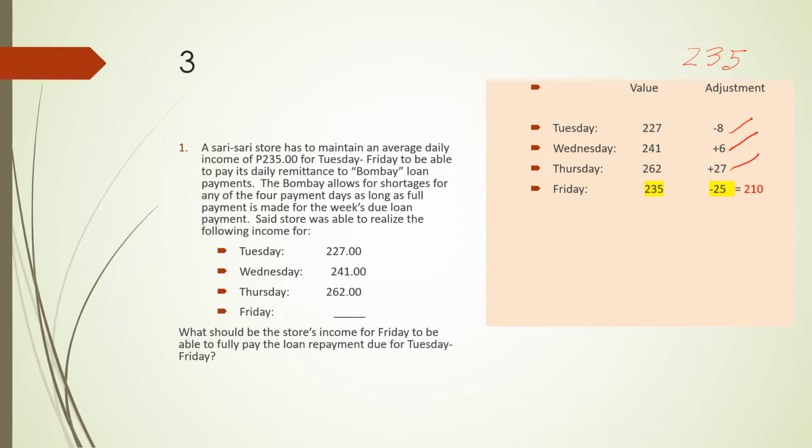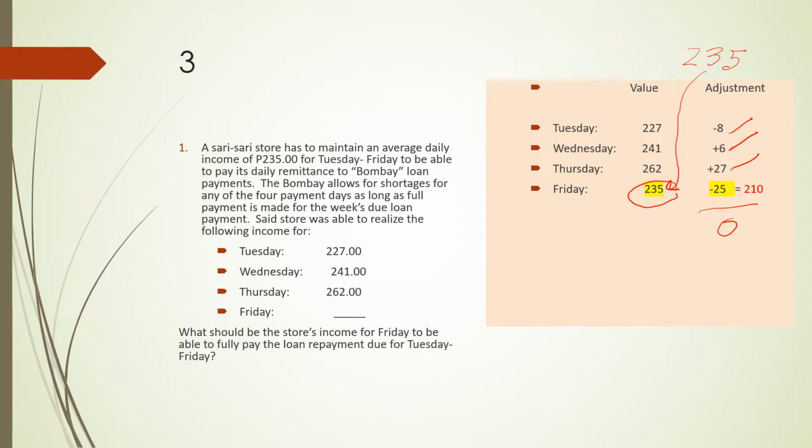So to find the value for Friday, we will have to reference this value from the average of 235, and then we need to adjust the column value so that this will sum up to 0.